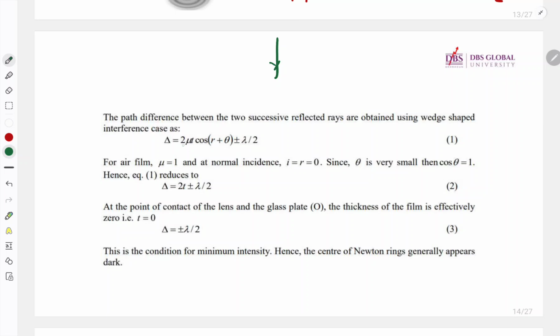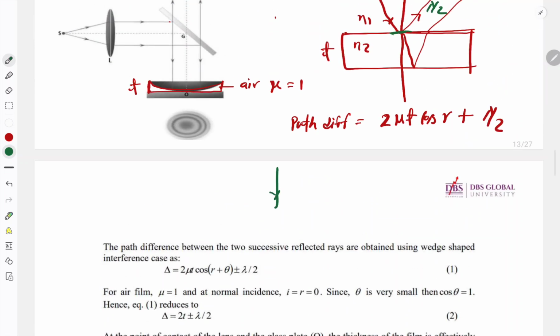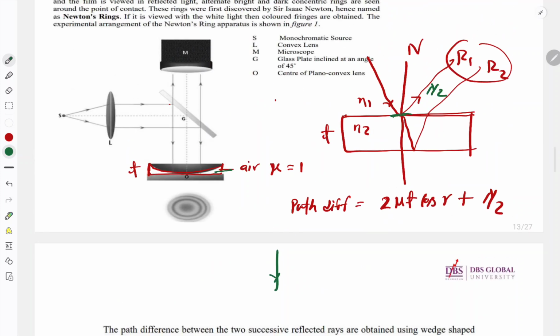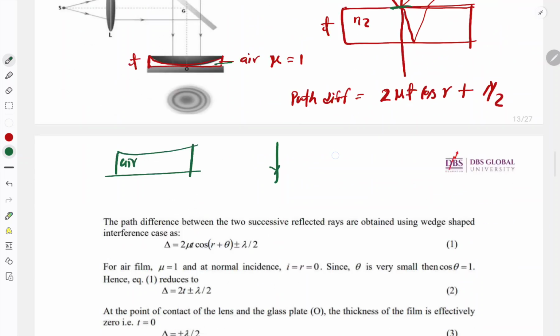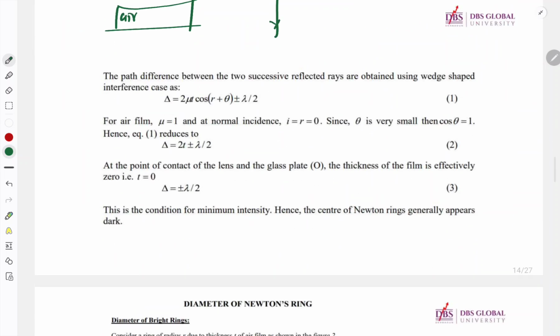So this value becomes 2, mu is 1, because there is an air surface here, as I told you already. Then we get the path difference 2t plus or minus lambda by 2, or we generally say 2t plus lambda by 2.